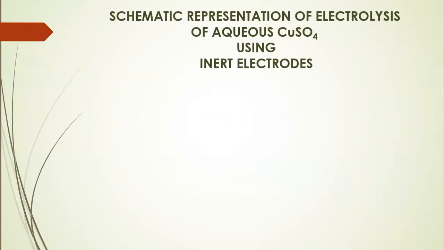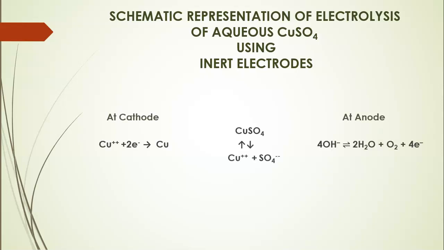It is the schematic representation of electrolysis of aqueous copper sulfate using inert electrodes. You will show the ionization of copper sulfate giving copper ions and sulfate ions, the ionization of water giving H+ ions and OH- ions.